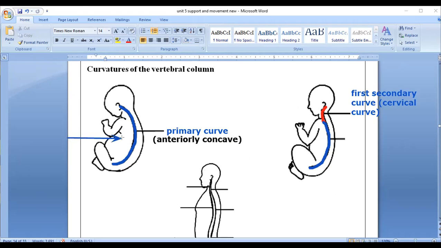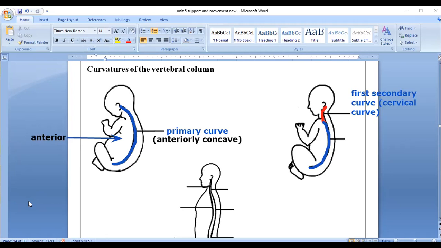This is the anterior region. So in the anterior side, it is concave. Anteriorly concave, posteriorly convex, actually.